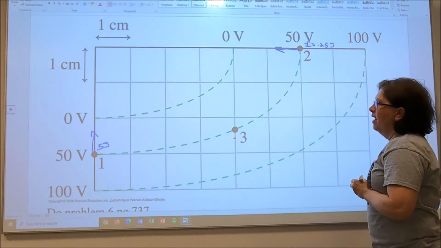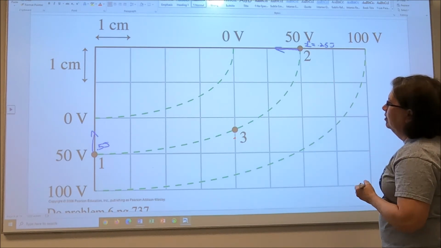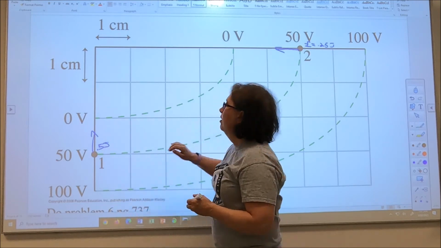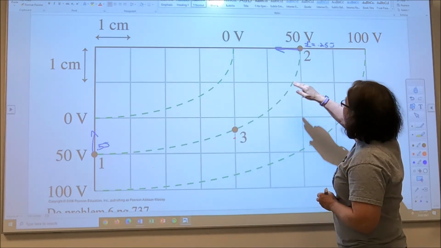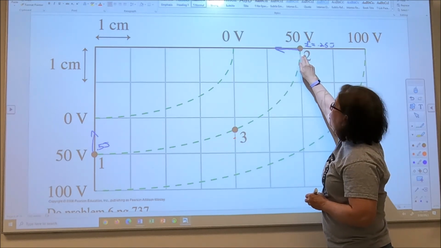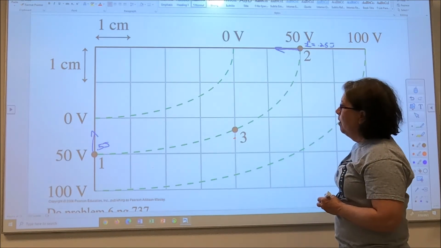It points in that direction. Now I'm not drawing it to scale, it should be shorter. So notice here, a stronger electric field, and here a smaller electric field because the equal potential surfaces are further apart.